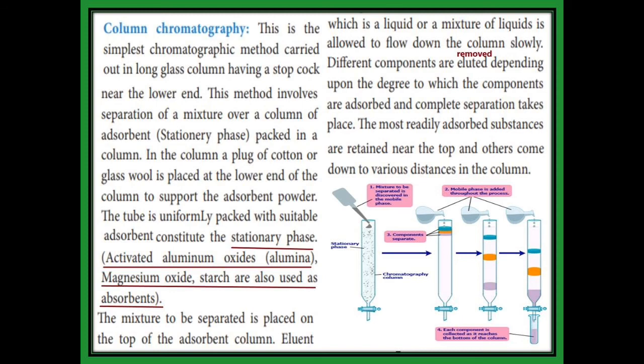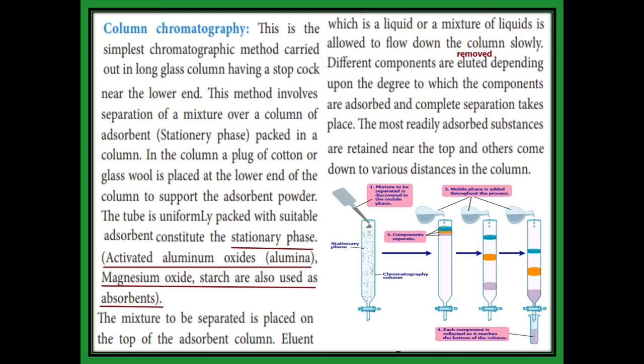Now by adding the solvent, first the purple color is washed and separated. Afterward the orange color is separated. By using the stopcock, on seeing the color we can stop the flow.